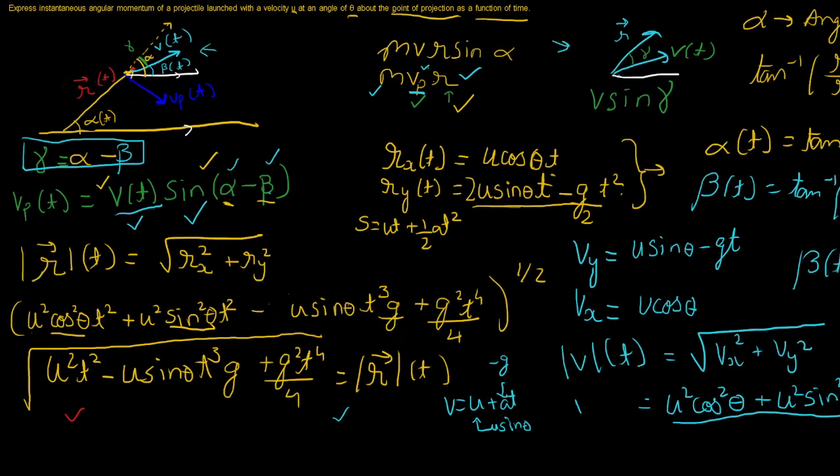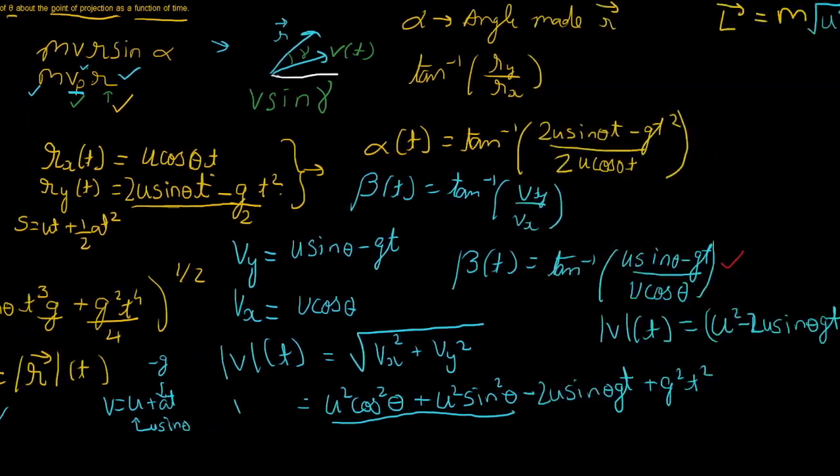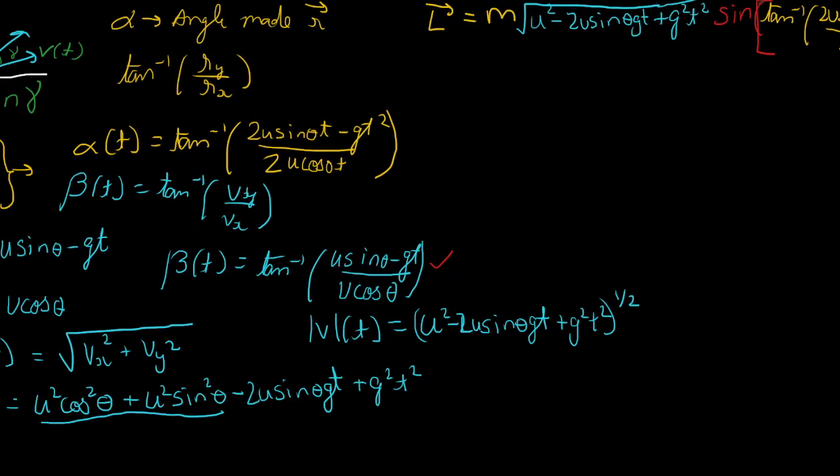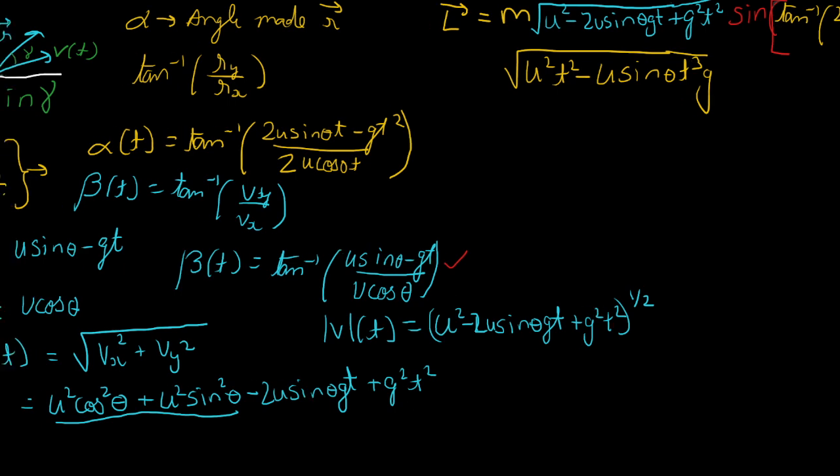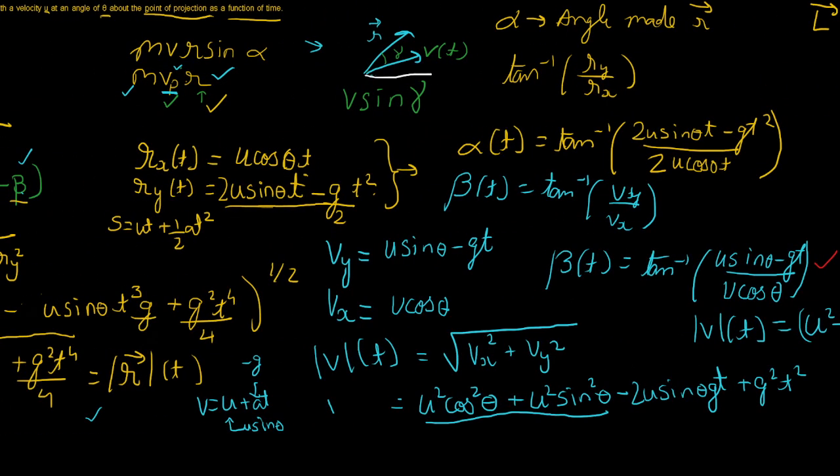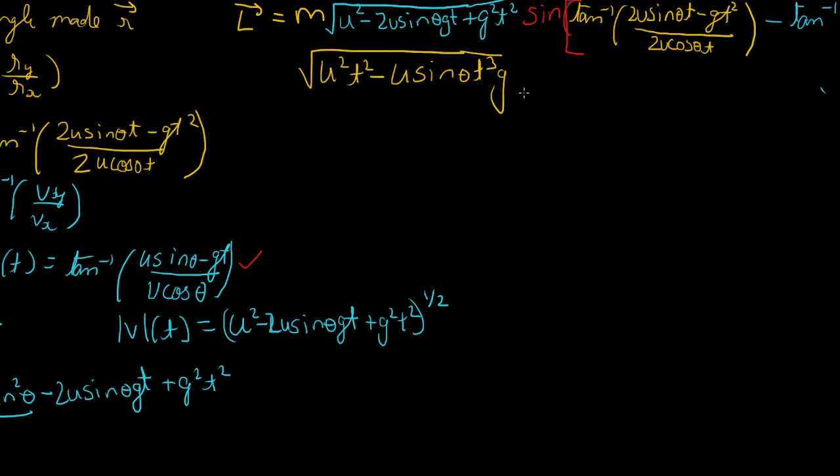So u square t square minus u sine theta t cube g, under root of u square t square minus u sine theta t cube g. And what was the last term? It was plus g square t power 4 by 4.